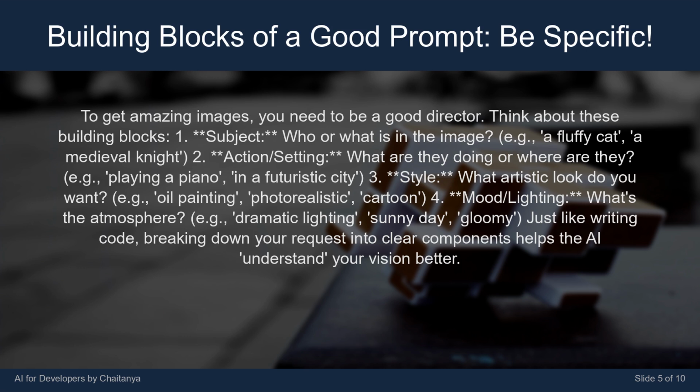Style: what artistic look do you want, e.g., oil painting, photorealistic, cartoon. 4. Mood and lighting: what's the atmosphere, e.g., dramatic lighting, sunny day, gloomy. Just like writing code, breaking down your request into clear components helps the AI understand your vision better.